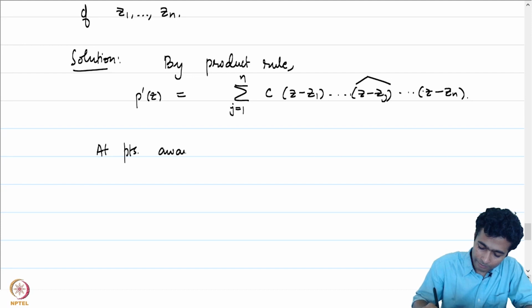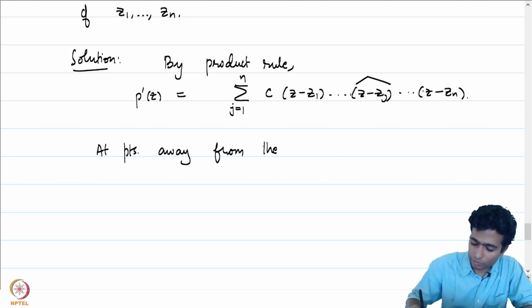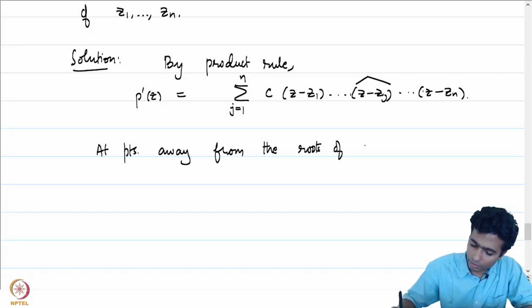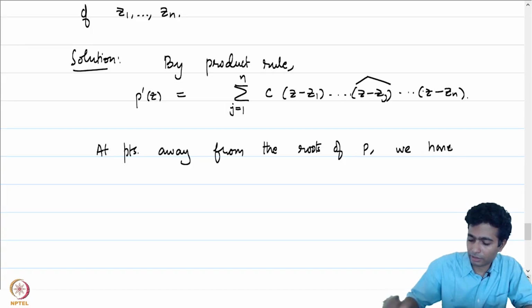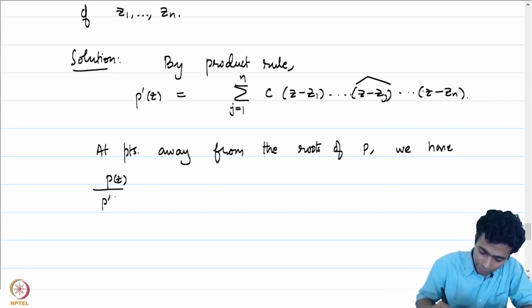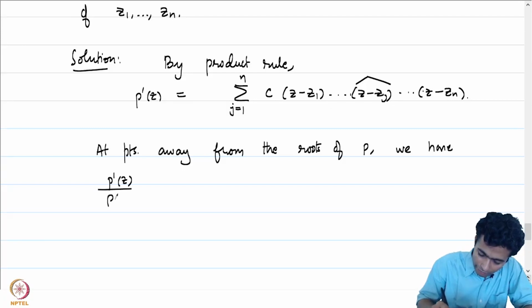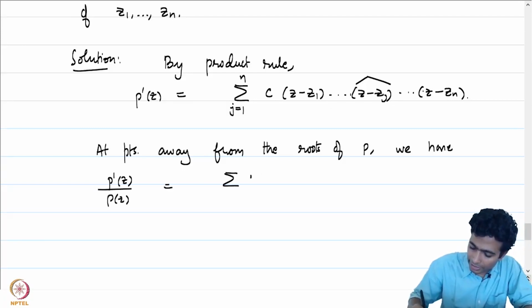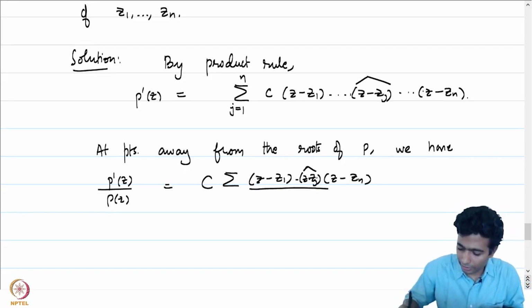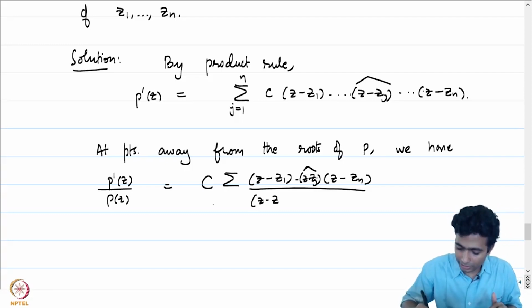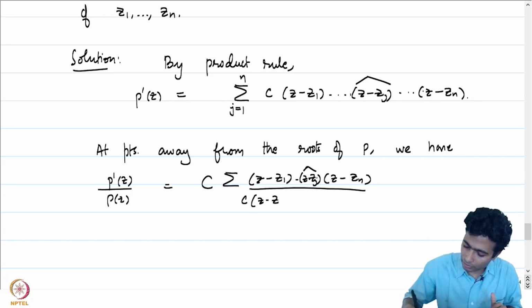At points away from the roots of P, we have the rational function P prime of Z by P of Z given by the summation of C times (Z minus Z1) up to (Z minus Zn) with the (Z minus Zj) hat removed, divided by P of Z, which is C times (Z minus Z1) all the way up to (Z minus Zn).